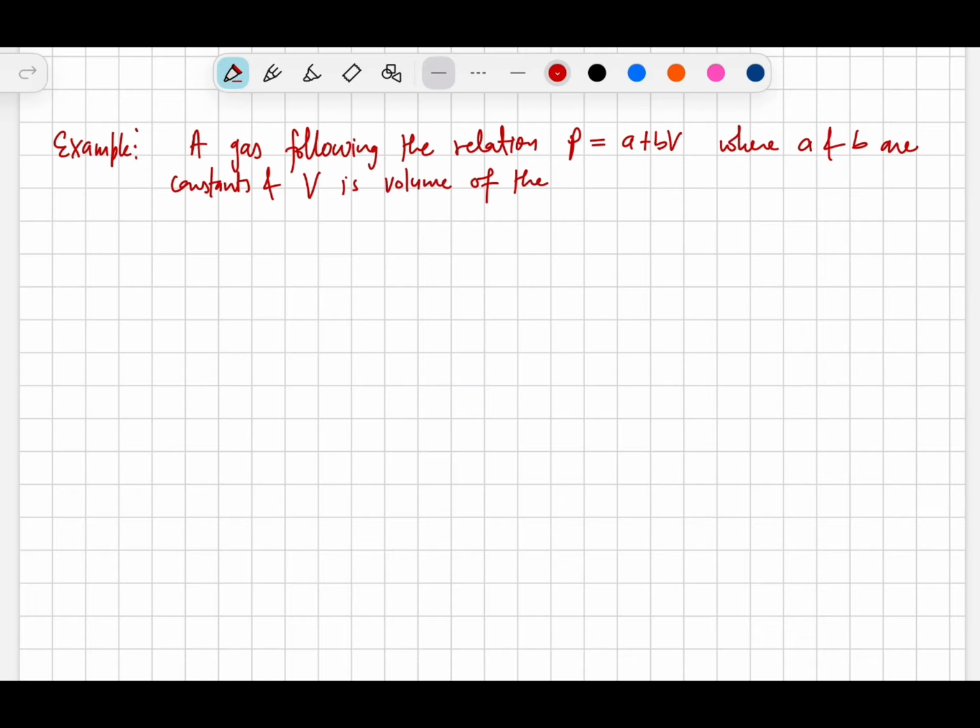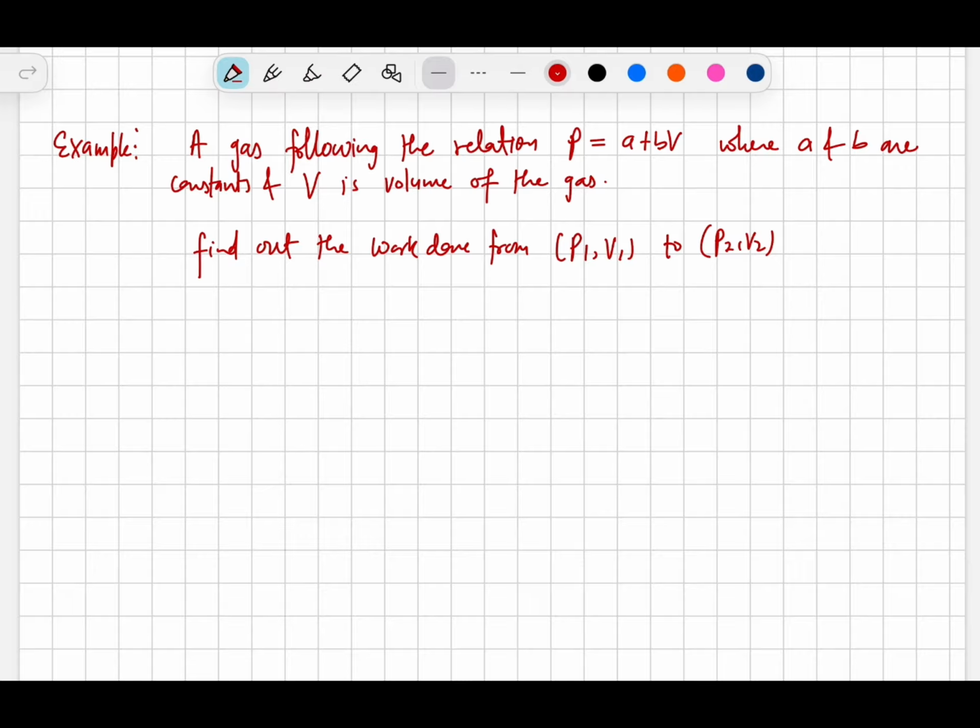Of course P is the pressure. Now find out the work done from this P1 V1 to P2 V2. This is the initial state and this is the final state.